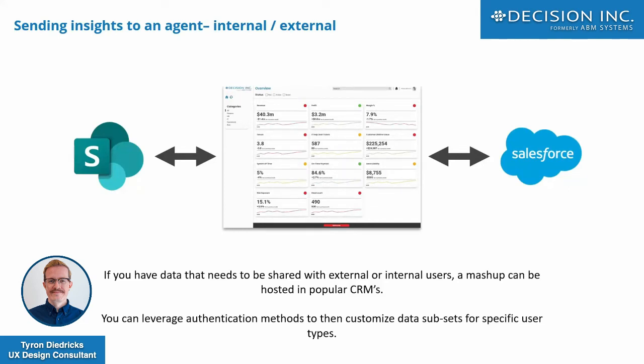Whether that is masking some data so that they can only see their lines of business, or maybe an insurance agency, we're able to use these different methods to show only the information that they need to see.